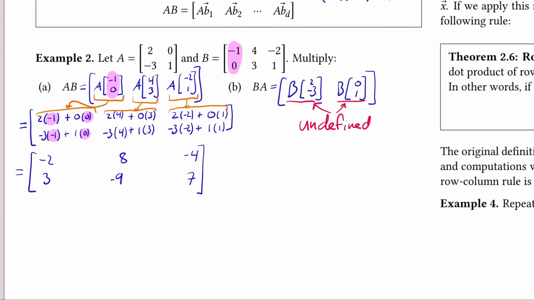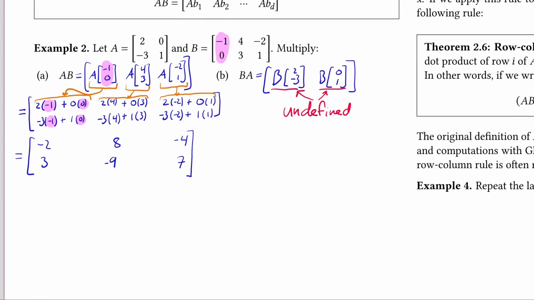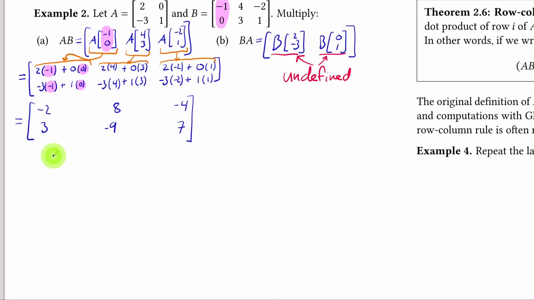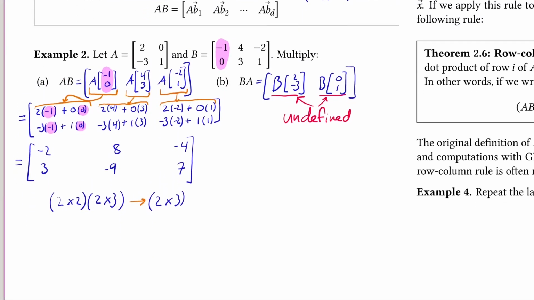A times B is a 2 by 3 matrix. And if we think of combining the sizes, it's because we have A is 2 by 2, and we're multiplying that by 2 by 3, and we saw how the middle number sort of cancels out, and you get a 2 by 3 matrix out.